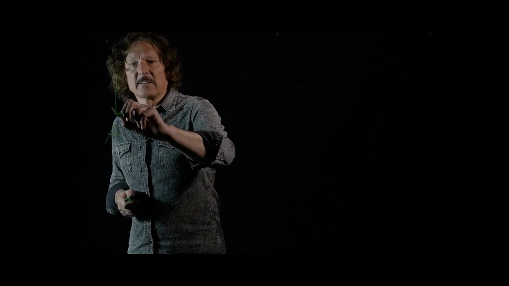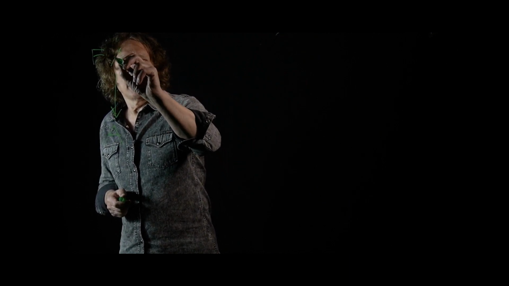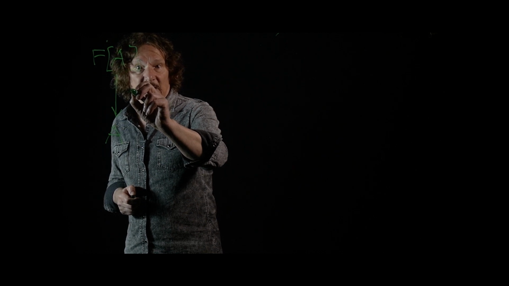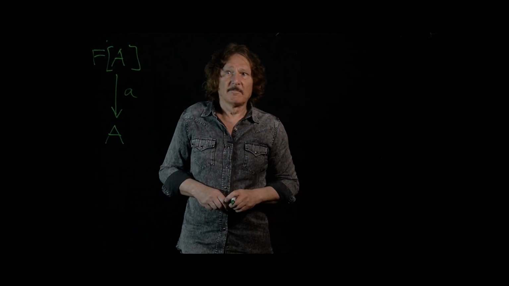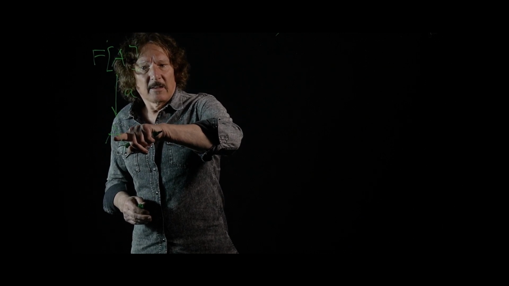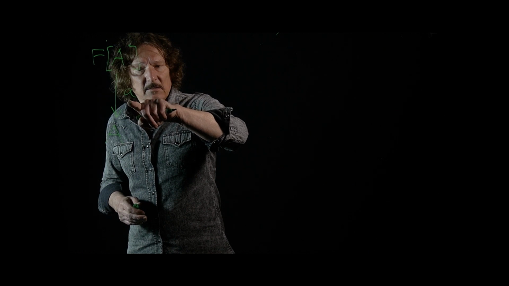So if we pick a type, let's call it A, an evaluator is a function that takes F of A to A. And the algebra is the combination of this type and a function.